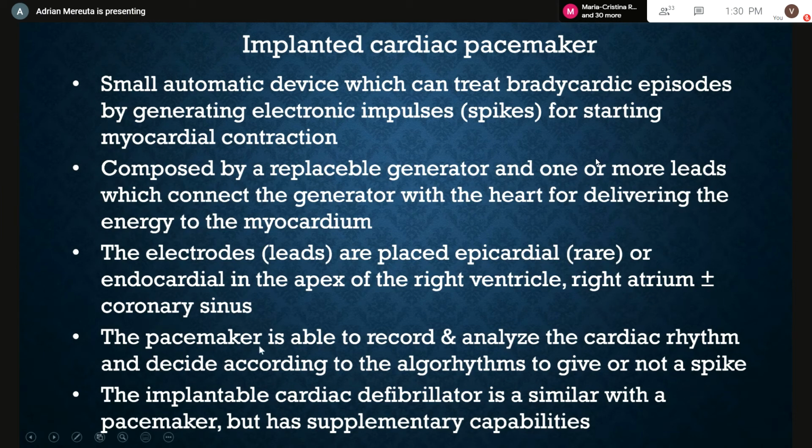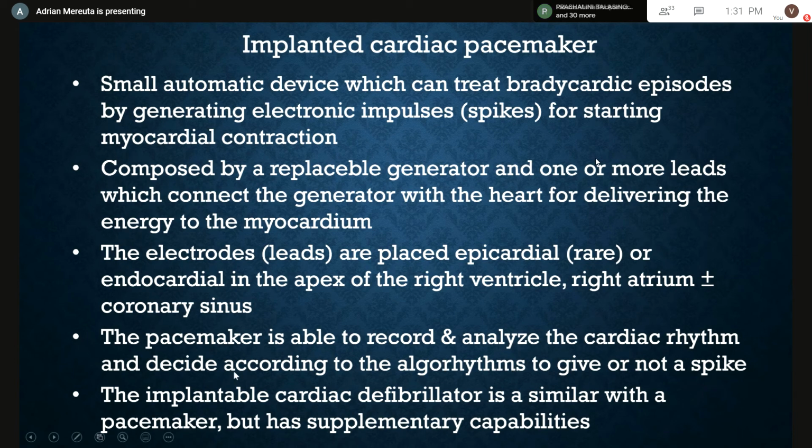The pacemaker is not only a battery for giving spikes and stimulation, but it also records and analyzes the cardiac rhythm. And actually, the pacemaker gives a spike only when the native complex is missing. It is called by demand.